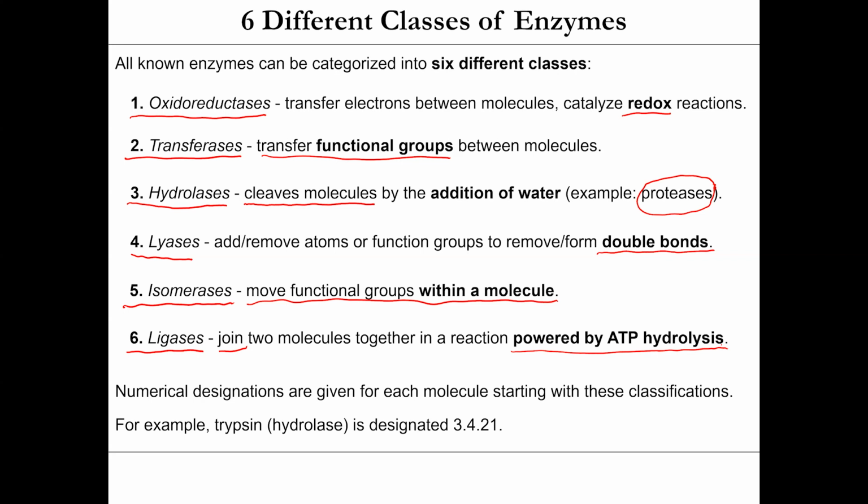For example, trypsin, which is a hydrolase, is designated among all known enzymes as 3.4.21. The 3 starts with the hydrolase, and then the 4 and the 21 are based on other features of trypsin. So there's 6 different classes of enzymes, and all known enzymes can be categorized into them.